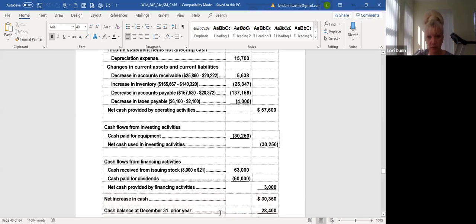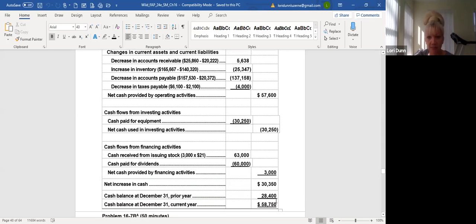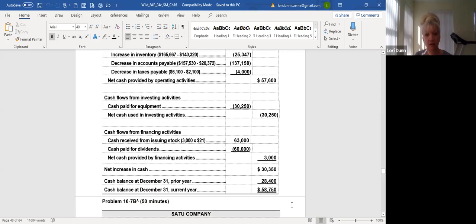The cash balance at the beginning of this year, end of last year, was $28,400. I get that right off the balance sheet. If I add the overall increase, it should be the balance on my balance sheet at the end of this year, and it does. So now you're proving you reported everything on this statement of cash flow. Any questions?